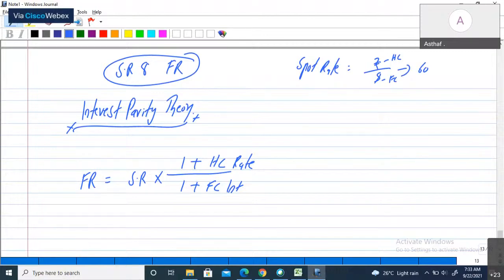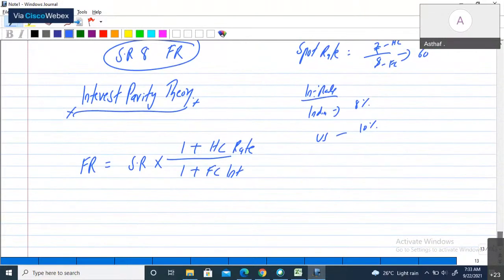So spot rate is 60. Interest rate in India is 8%. Interest rate in US is 10%. We are going to approach this concept now, my dears.